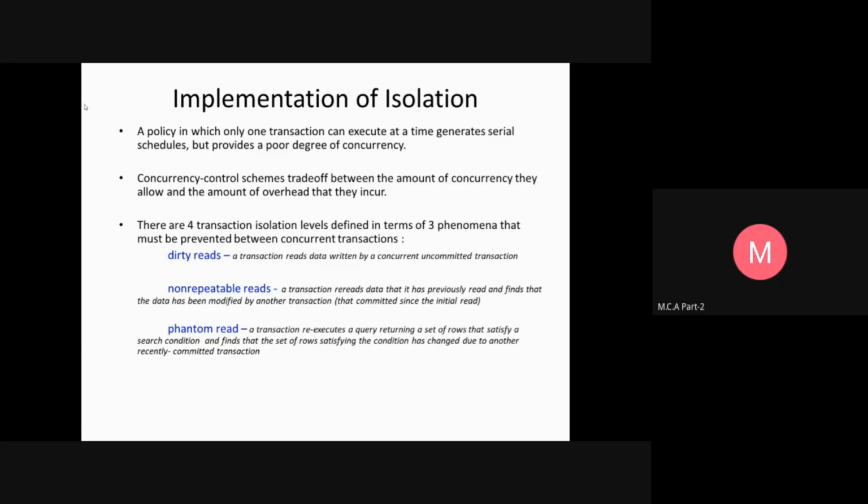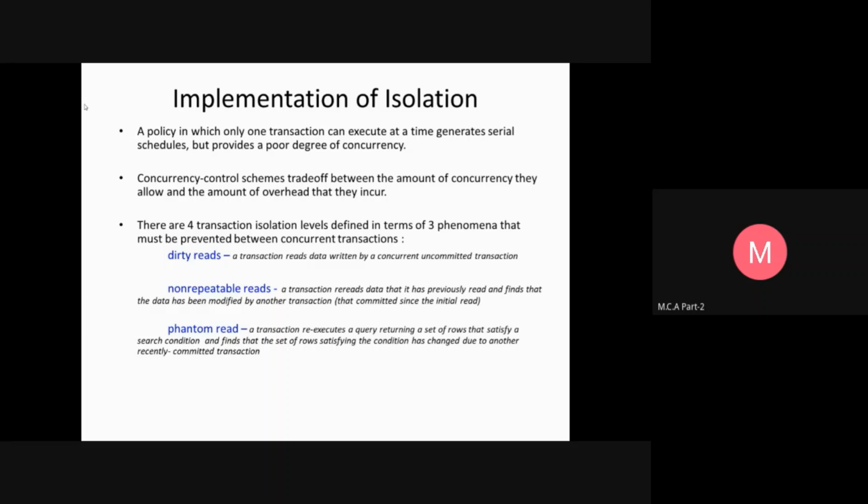Basically, a transaction reads data written by a concurrent uncommitted transaction. What is a non-repeatable read? A transaction rereads data that it has previously read and finds that the data has been modified by another transaction, which could have committed since the initial read.